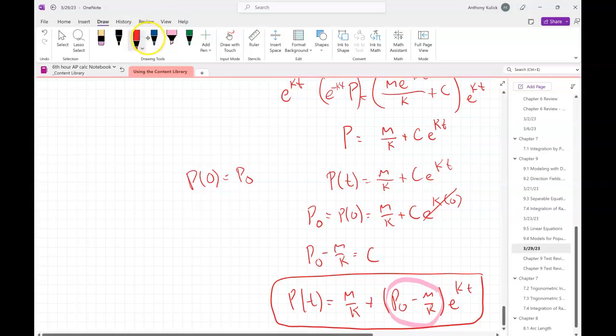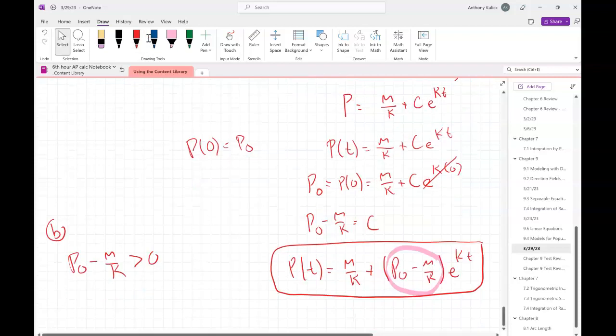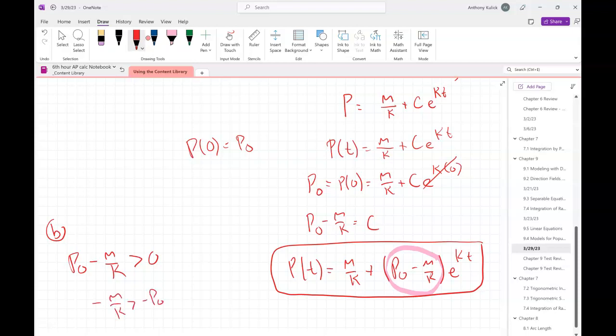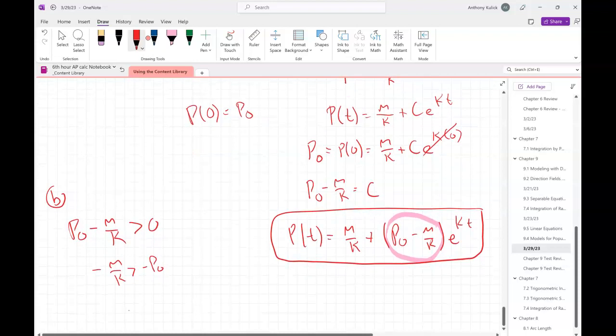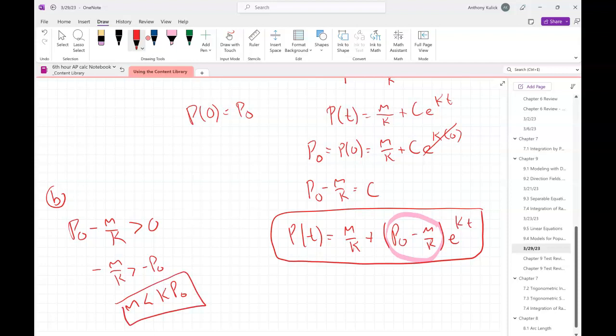That's all I need. So for part B, I just need that coefficient to be greater than 0. So subtract P naught and then multiply by negative k. So I should say that M is less than k times P naught.